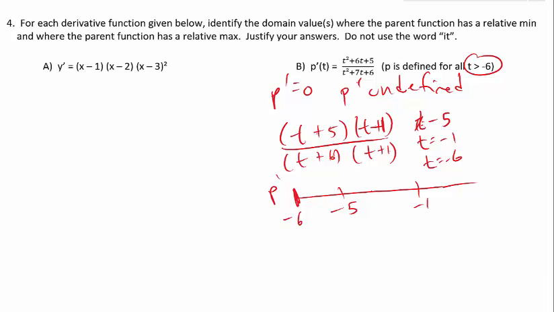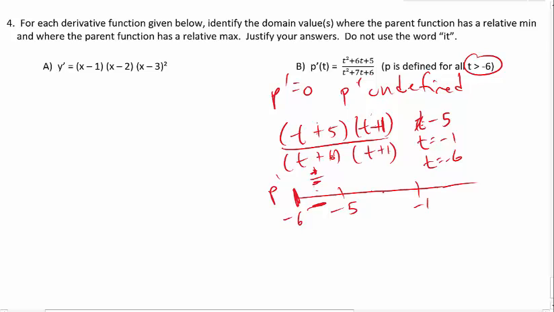For instance, if I plug in negative 5.5, my numerator, the first factor would be negative, the second factor would be negative, and a negative times a negative would give me a positive on top. On the bottom I would have a positive half times a negative number, which would give me a negative on the bottom. A positive over a negative gives me a negative overall.